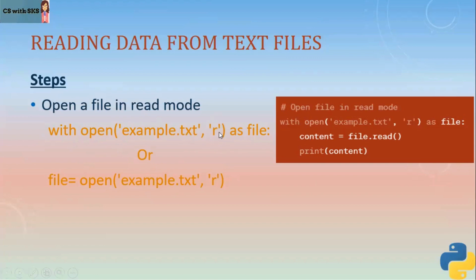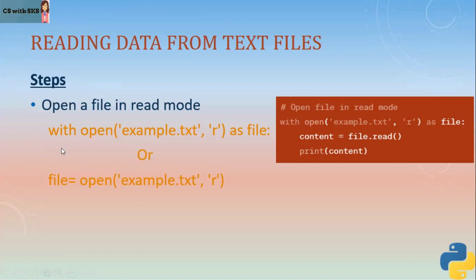For text files, you can use R or RT, that's the mode for reading, W or WT for writing, A or AT for append. So these are some modes in which a file can be opened. So the first step is to open the file, whatever file name is there, whatever mode you want to work in. The first step is always to open the file in that particular mode.